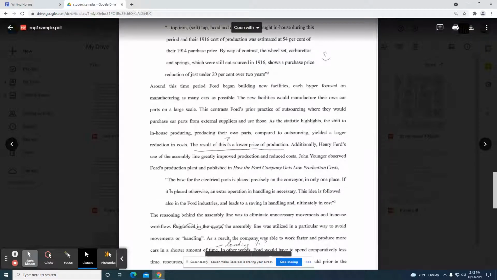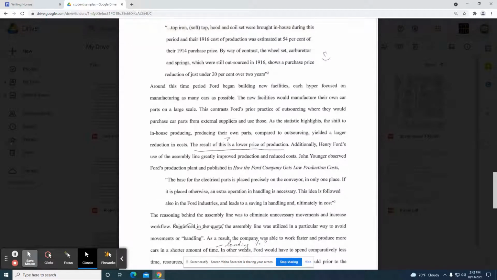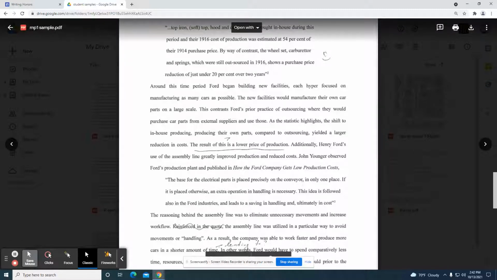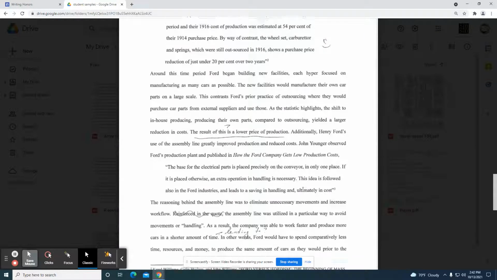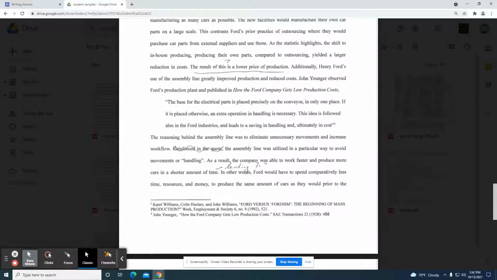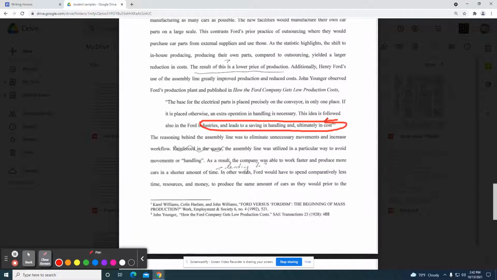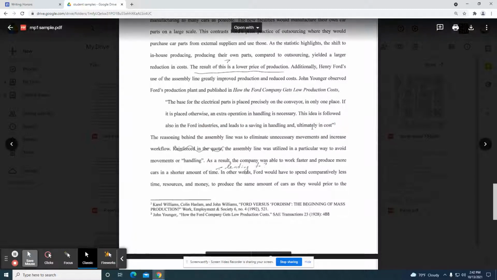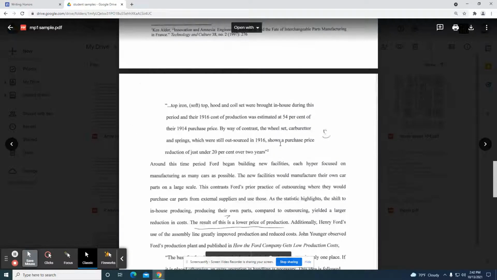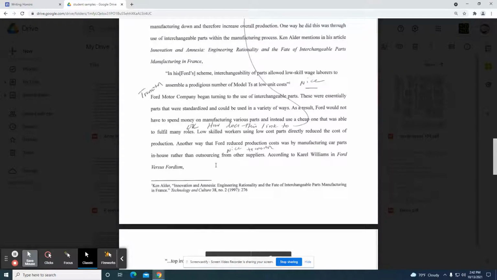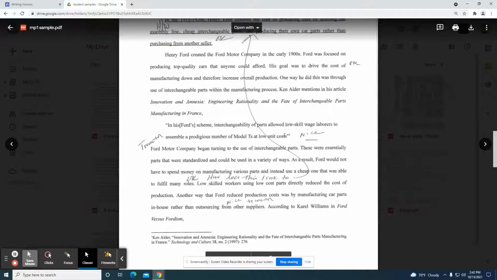Ford. So again, the source: the base for the electric part is placed precisely in the conveyor in one place. If it is placed otherwise, an extra operation of handling is needed. The idea follows also in the Ford engine, leads to a savings in handling and ultimately in cost. So again, their source is addressing this point about costs coming down, and I can see a direct link. In this particular source, they're talking about bringing costs down. This one, it shows a reduction, and then up here, low unit cost.